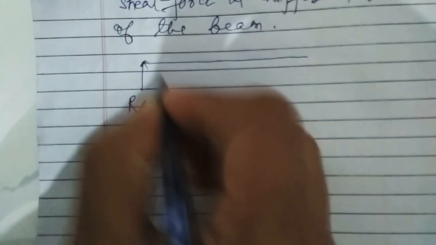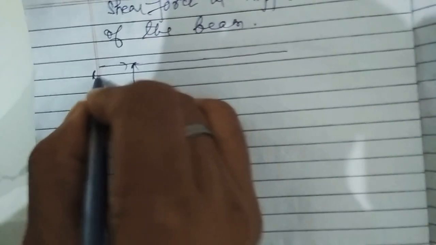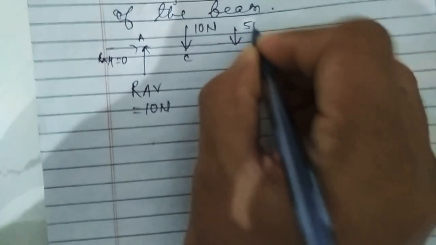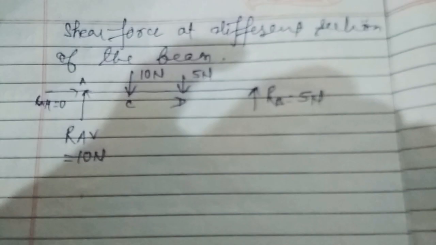RAV is 10 Newton, acting upward. RAH is 0. 10 Newton force at point C. RB acting upward is 5 Newton, and at point D is 5 Newton, acting downward.